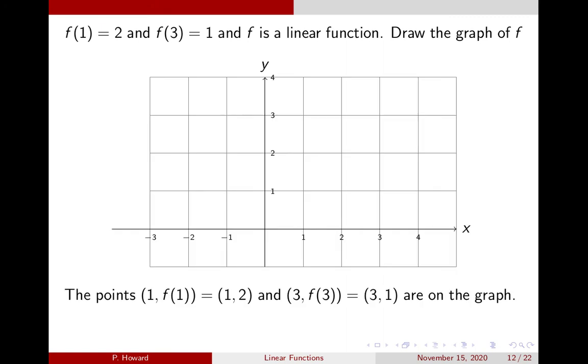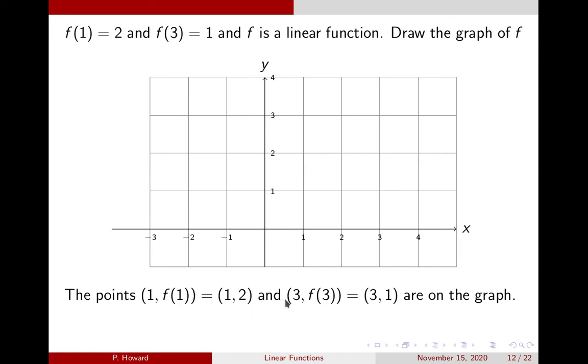Okay, so here is my coordinate system. Knowing that f of 1 equals 2 means that the point 1, f of 1, which is the point 1, 2, is on the graph. The height of the graph above the number 1 on the x-axis is 2.